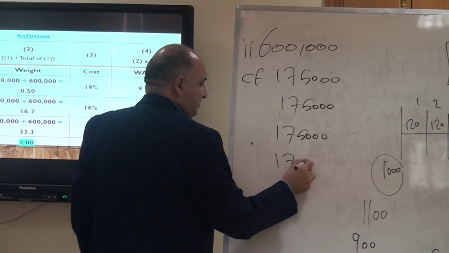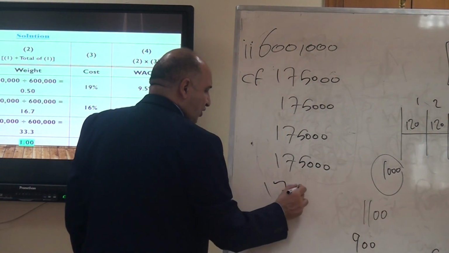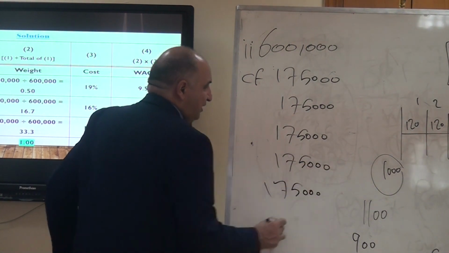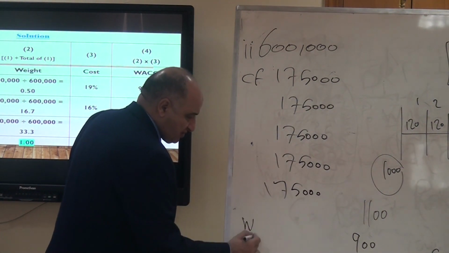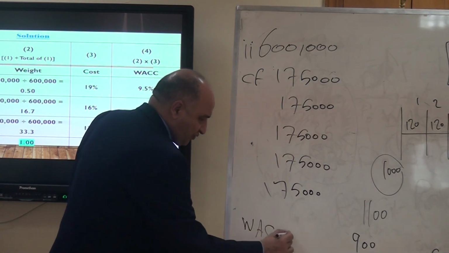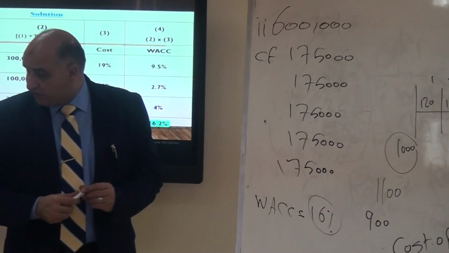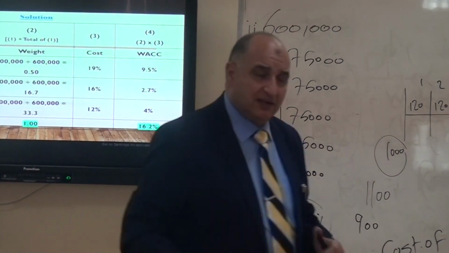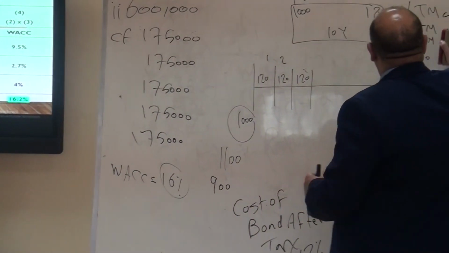For 5 years. Okay. This is a case of annuity. And now you have the cost of capital, which is the weighted average cost of capital, 16%. Now, we need to calculate the net present value, NPV.